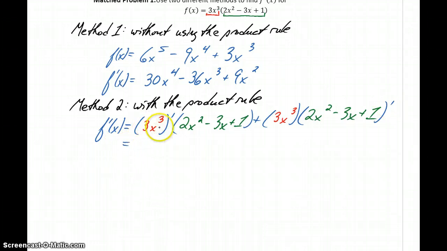So now what we can do is just differentiate 3x cubed and differentiate 2x squared minus 3x plus 1.